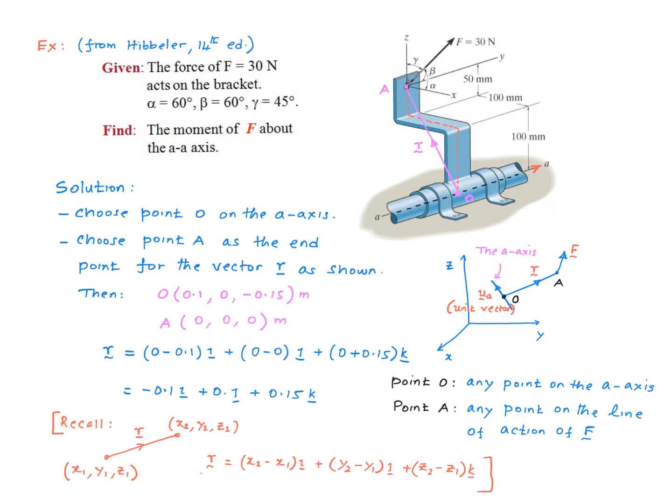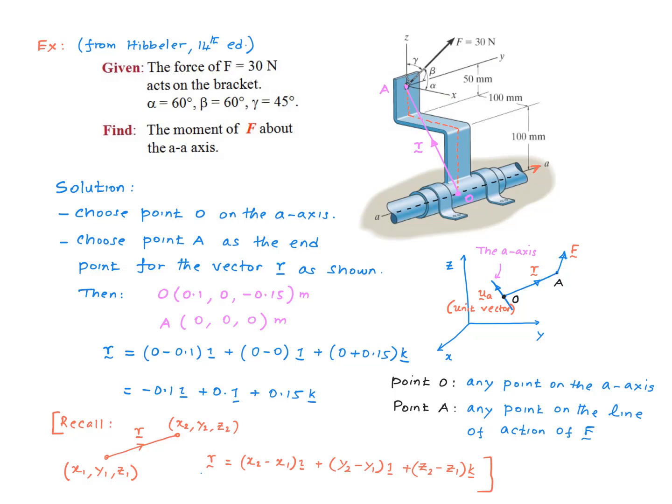So here are the coordinates of point O. I have written them in meters. So in the x direction you go 100 millimeter or 0.1 meter in the positive direction to get to point O. The point O is right on the xz plane, therefore the y coordinate is 0.